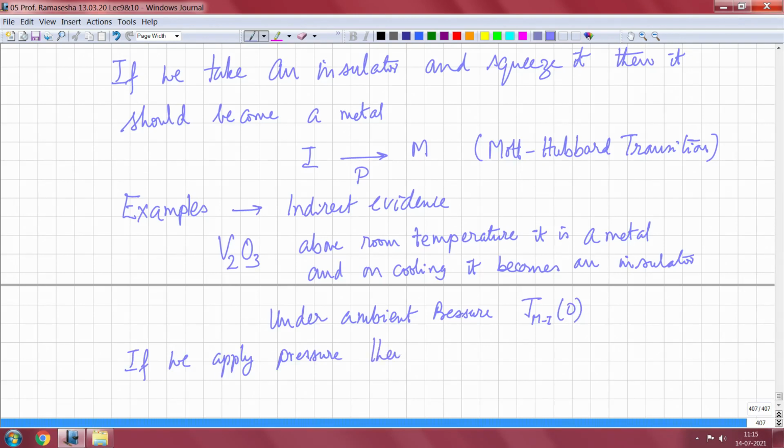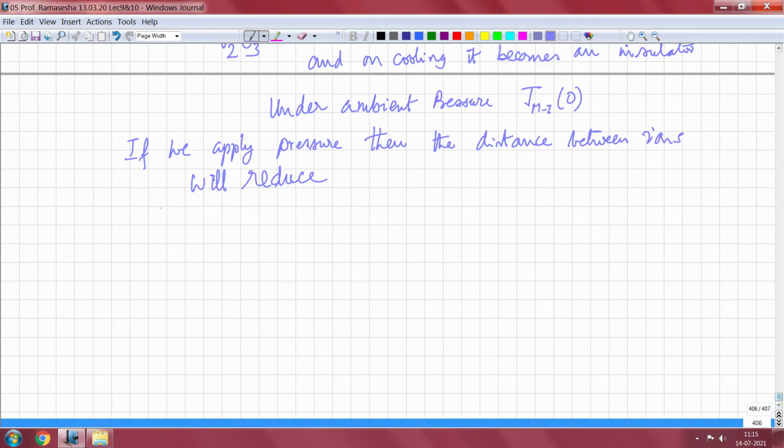then the distance between ions will reduce, right, because of squeezing. So, what happens is the metal insulator transition temperature under pressure becomes higher. Let us see the logic for this.